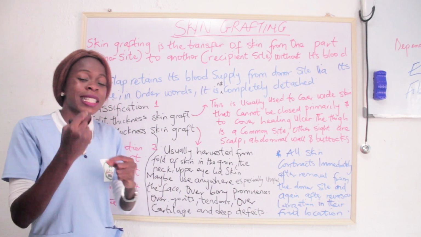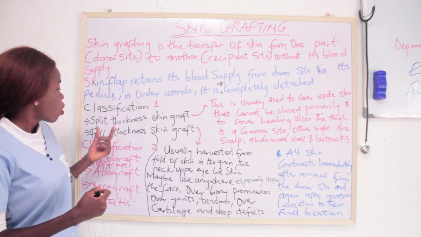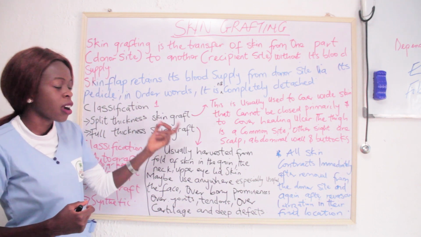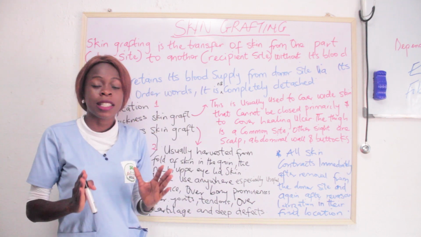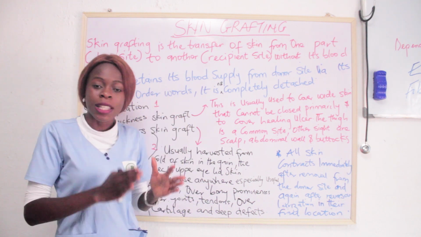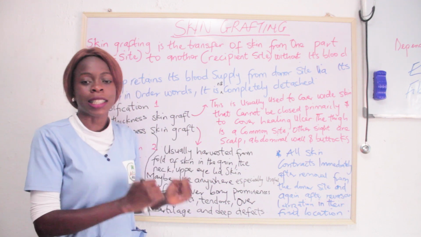Then that takes us to the second type of skin graft, and the second type is the full thickness skin graft. As the name implies, full, total thickness skin graft. In this particular skin graft, you are taking both the epidermis and the dermis.